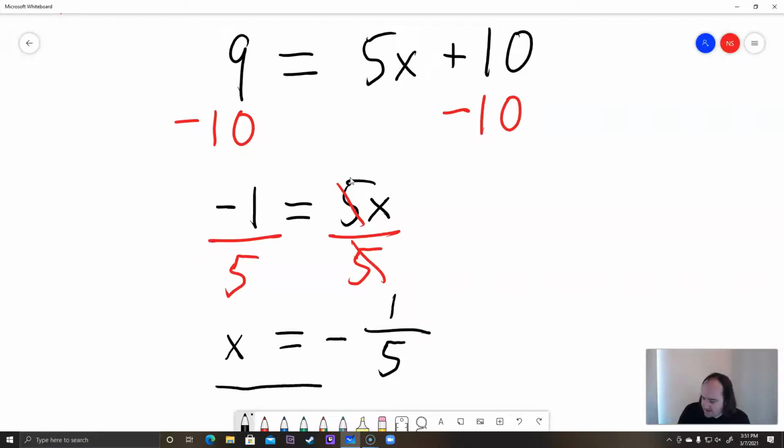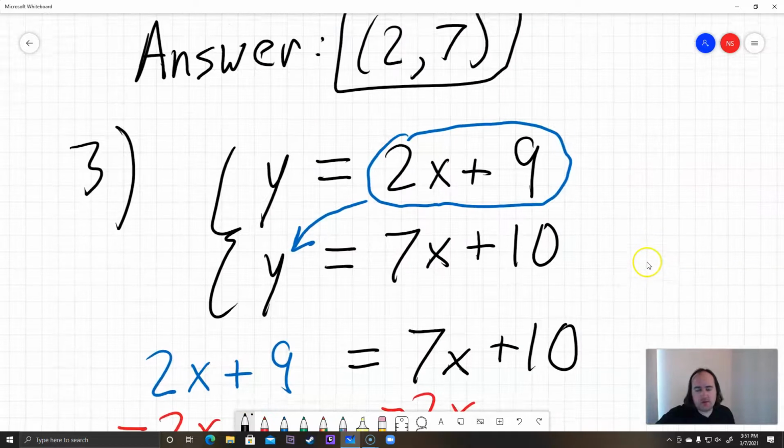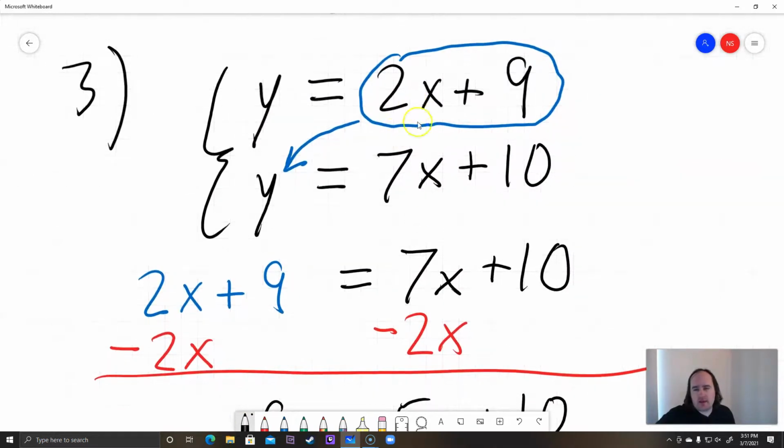So we have x now, and now we need to find y. Unfortunately, we're going to have to plug in a fraction of negative 1/5 for x into one of the original equations in order to solve for y. Which equation are we going to choose? It doesn't really matter here which one you choose. I'm not really sure which one would be any easier.